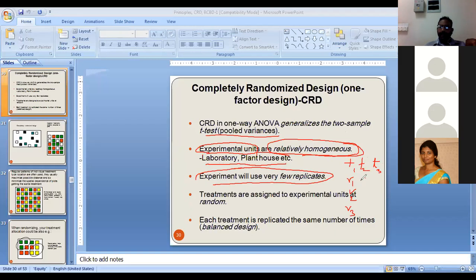Similarly, replicate 1 for treatment 2, replicate 2 for treatment 2, and replicate 3 for treatment 2. Likewise, for all treatments, we can put up the replicates. But generally, if the experimental units are more or less homogeneous, we can have a smaller number of replicates. That is the specialty.